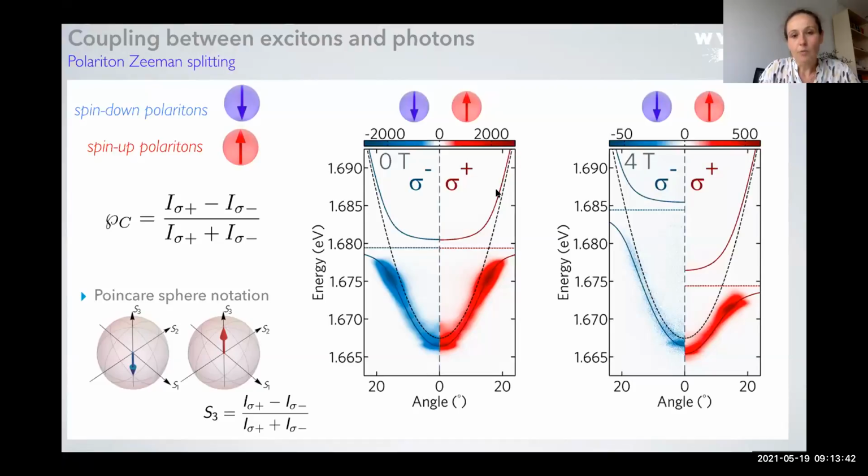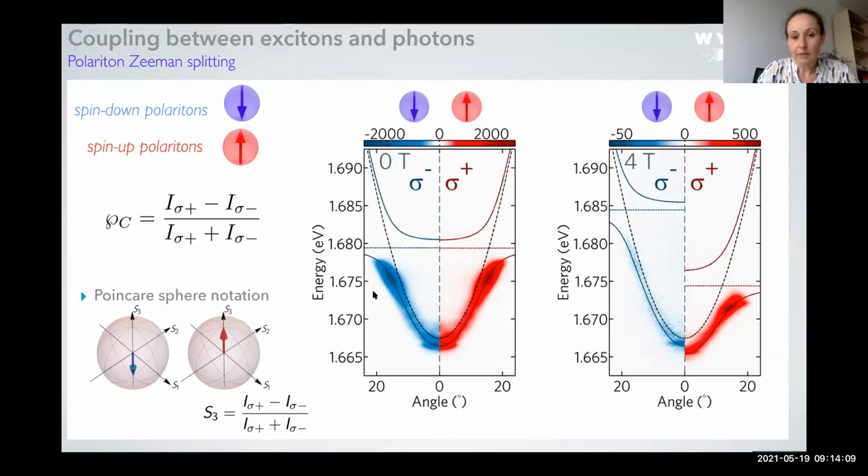And this allows me to easily visualize the degree of circular polarization in the emission of the polariton on the dispersion. Also, this image here is split into halves. On the left hand side you can see the sigma minus component, and on the right hand side you can see the sigma plus component.